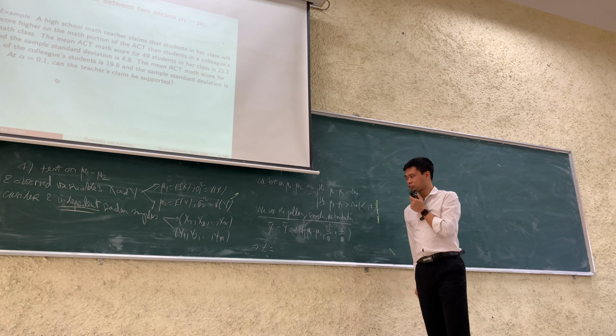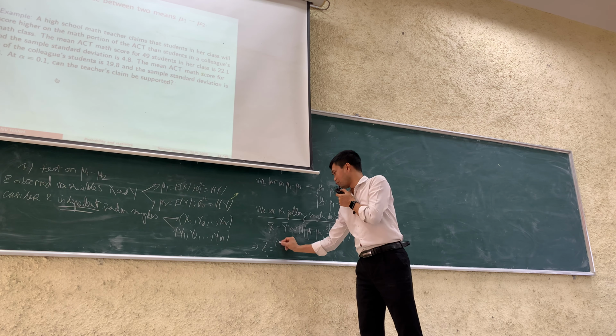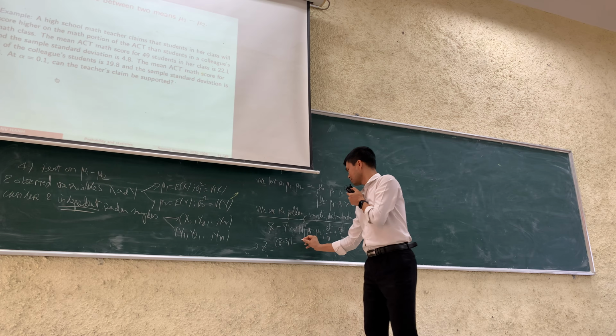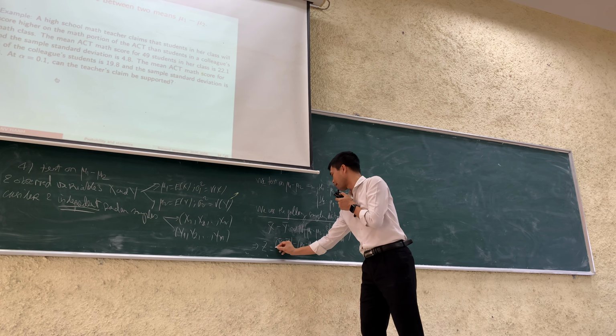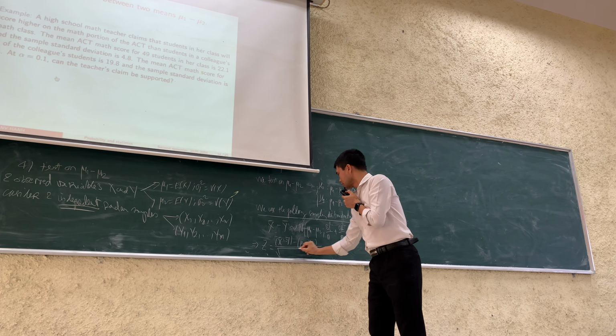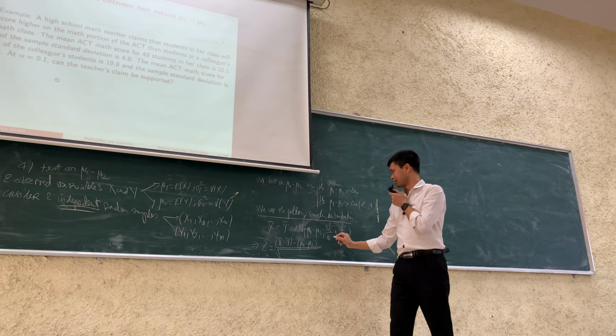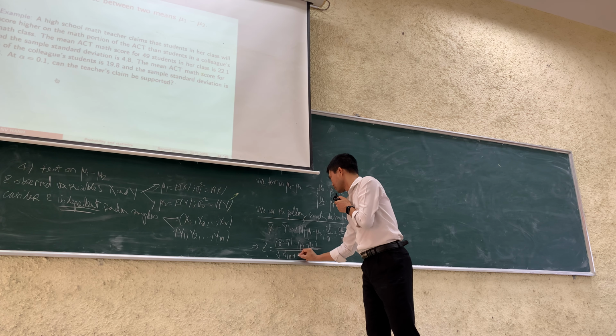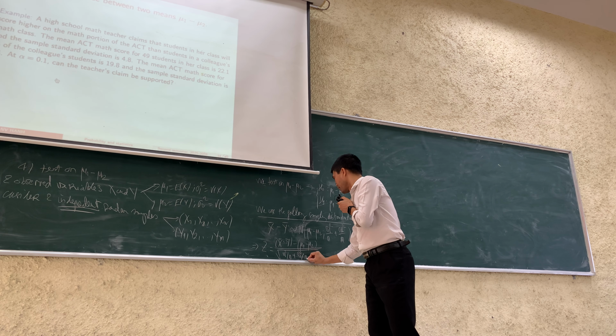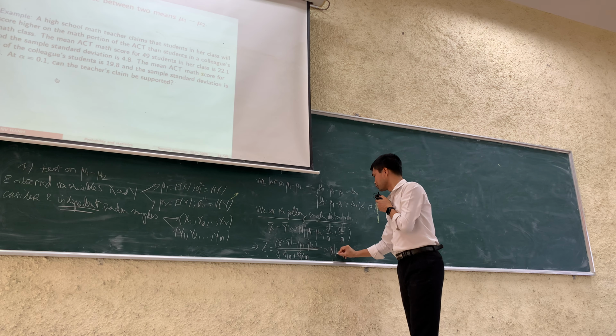Now we standardize this normal distribution. You take the variable x bar minus y bar, minus this mean, mu 1 minus mu 2, divided by the standard deviation, the square root of sigma 1 square over n plus sigma 2 square over n, for our standard normal distribution.